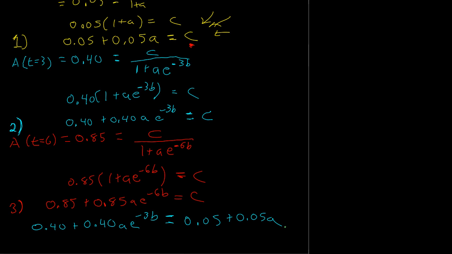I have A and B. I don't have 3, I have A and B. So I need one more equation. That other equation is going to be 3.